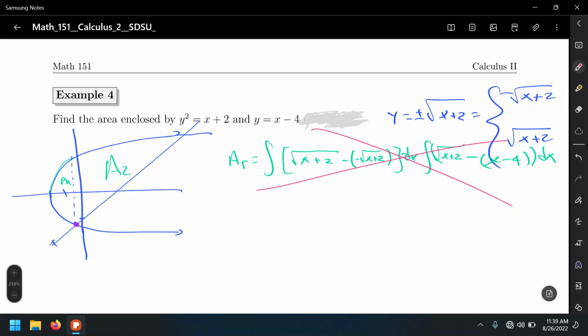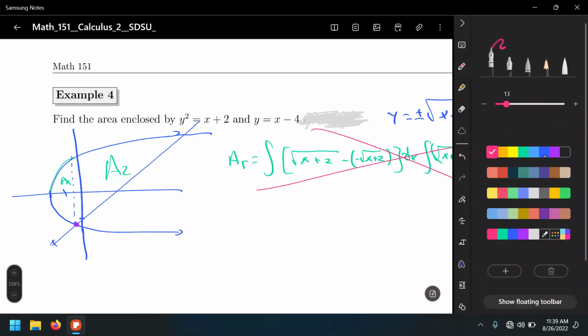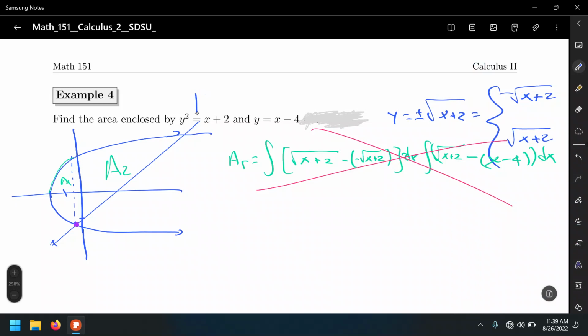What am I talking about? First of all, let me define functions of y. So this is x equals y squared minus 2, and this is x equals y plus 4.